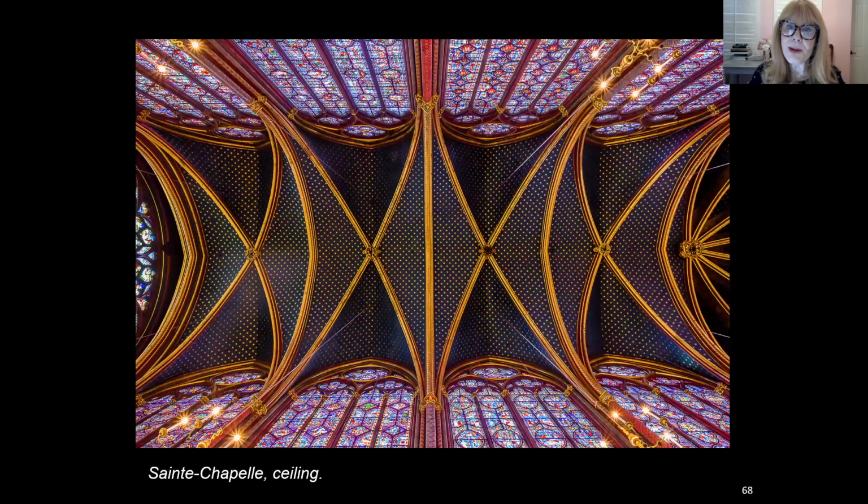And here's looking up to those ceilings with the lights coming through the stained glass, and not only telling stories from the Old and New Testament, but also the stained glass is meant to represent the light of God coming into the interior.